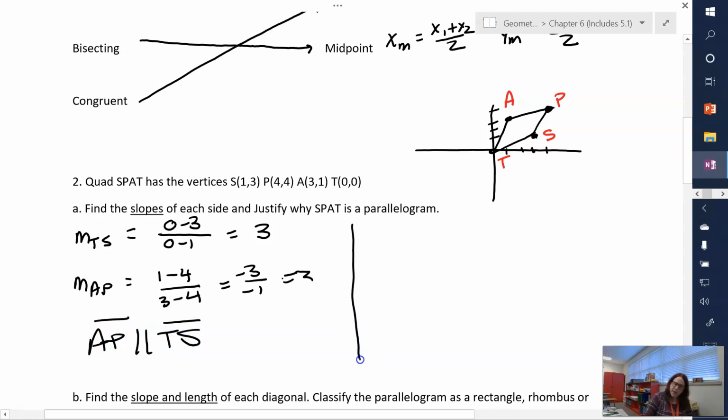Now I got to check the other two sides, because in a parallelogram, both opposite sides are parallel. So now I got to look at AT and PS. So slope of AT is going to equal 0 minus 1 over 0 minus 3. So I get 1/3.